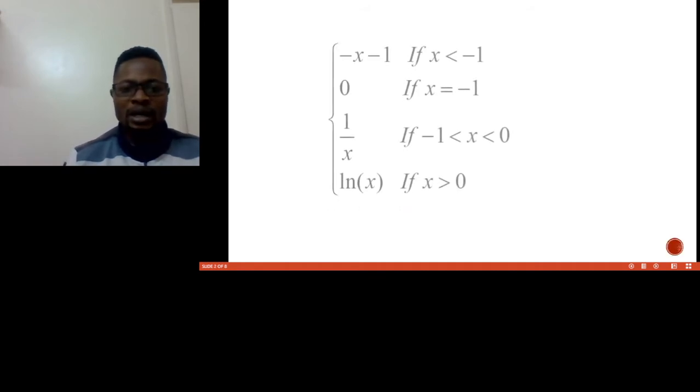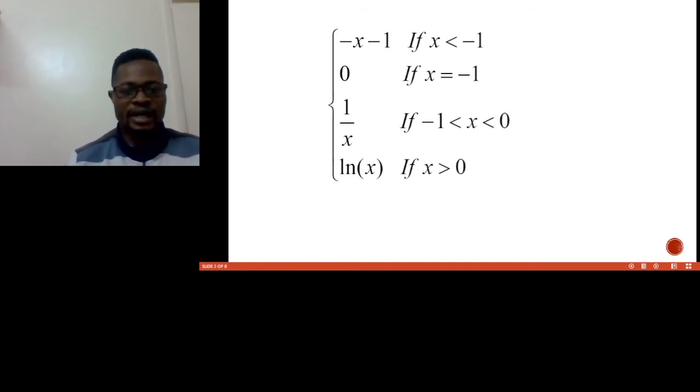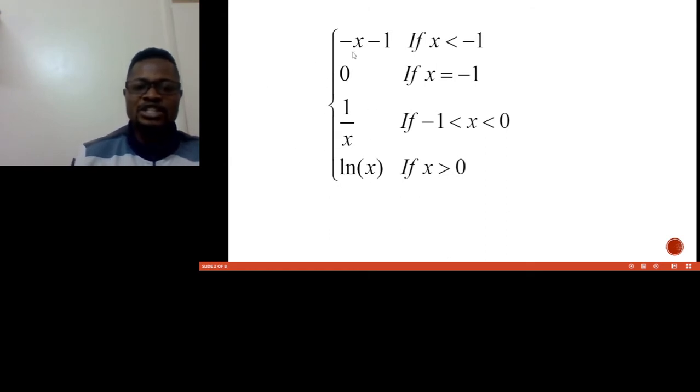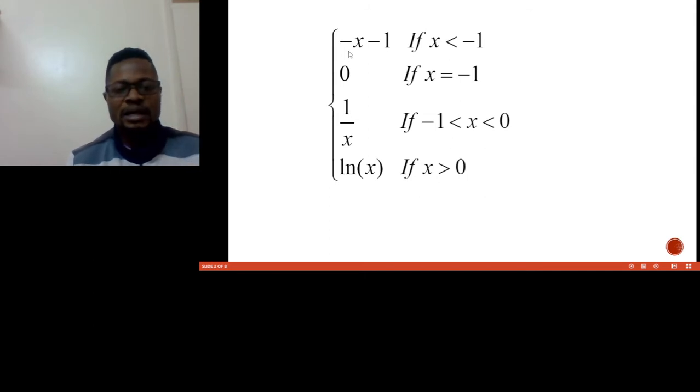Now we have this function here. The function is showing us that f of x is equal to this. So f of x is equal to negative x minus 1 if x is less than negative 1.